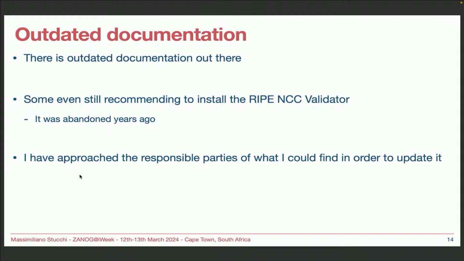So we figured out that there is outdated documentation. There is one book from Juniper that gives the recommendation to tag with communities all your RPKI validation state. The same book still recommends using the RIPE-NCC RPKI validator, which was abandoned more than 3 years ago.